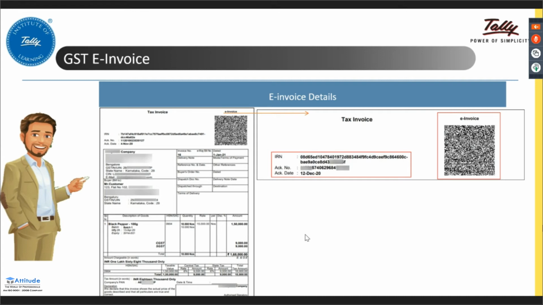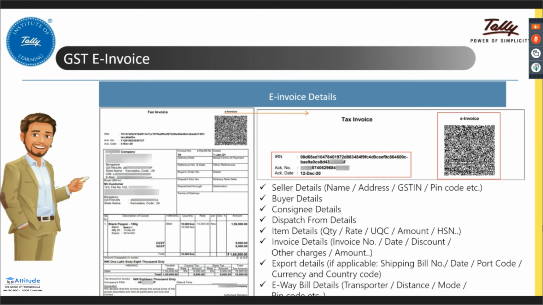This is the format of the e-invoice, and it will contain the seller details, that is name, address, GSTN, PIN code, etc., buyer details, consignee details, dispatch related information, item information, that is quantity, rate, UQC, amount, HSN details, invoice details like invoice number, date or discount, other charges or any other amount, export details if applicable like shipping number, date, port code, currency and country code, and e-way bill details like transporter details, distance, mode and PIN code.